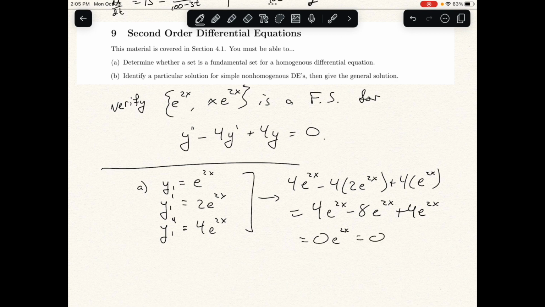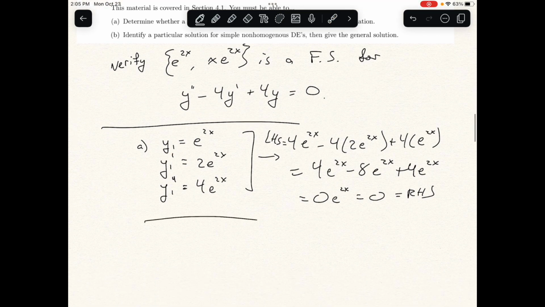That's the right-hand side. This is your left-hand side. So the left-hand side and the right-hand side are equal when you plug it into the differential equation. So y1 satisfies the differential equation. You should do that for y2 as well. So that's x e to the 2x, y2 prime, you do a product rule. You get this, and then another derivative.